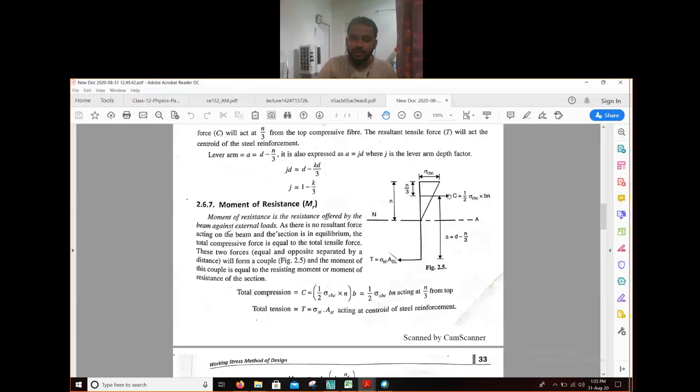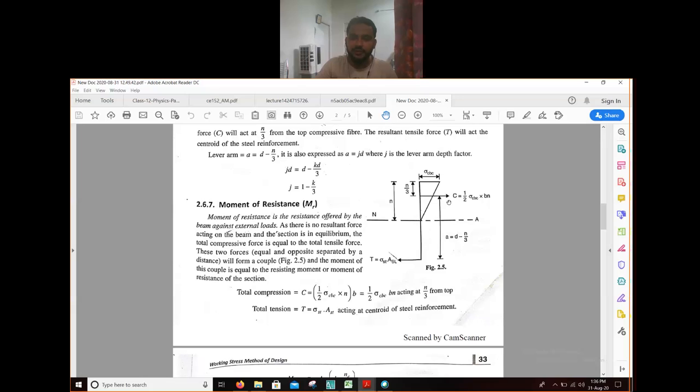That means this force will try to rotate this beam in this direction. But since they are the same, it will be in equilibrium. So if we multiply this C into this distance, we will find a couple. Or T into a, that means this force into this distance, we will find a couple.